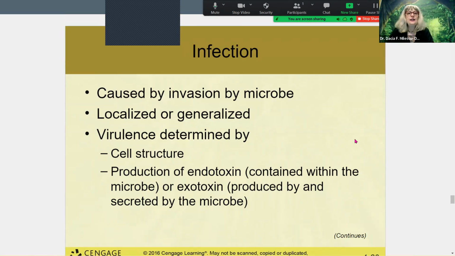So an infection is when a microbe has caused an invasion, and the invasion can be localized, creating erythema, edema, all right, dolor, because when you have pain, you're not going to move. If you move, you're going to increase your circulation, and the risk of introducing the bacteria or other pathogens into the bloodstream goes up.